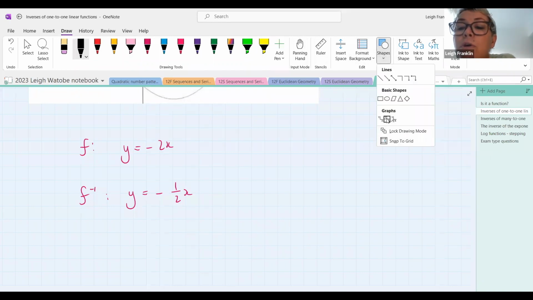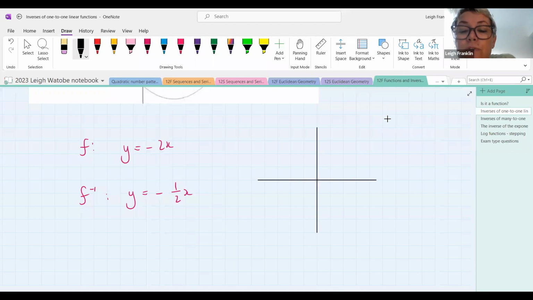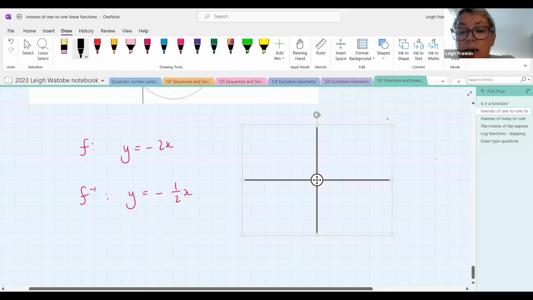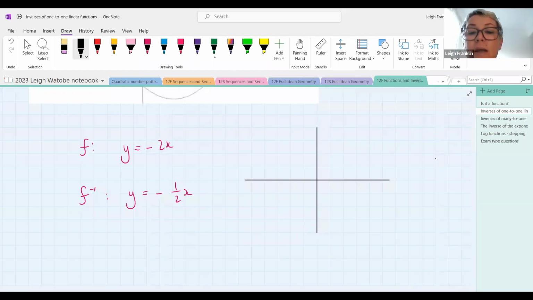Obviously, I'm more than happy to do this. So there's my set of axes. Here is my y-axis. Here is my x-axis. What I would do if I was you guys is grab a ruler and draw your line, and you're basically just going to do this.